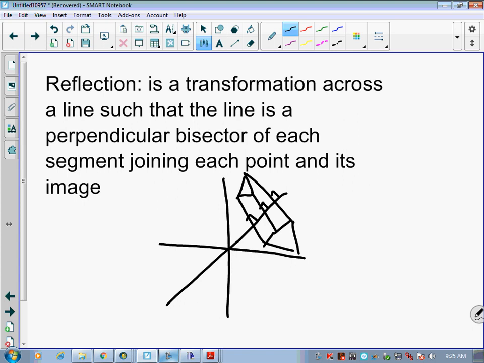All right, we've got another one, which is the last one that we're going to talk about today, which is called rotation.